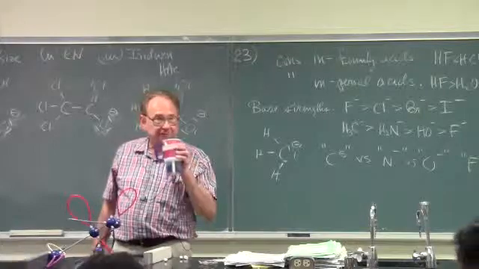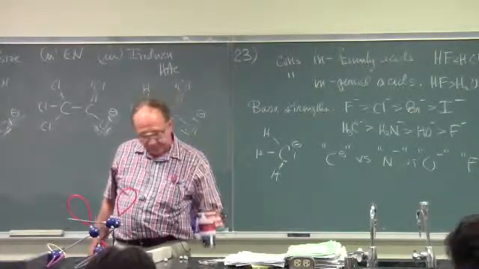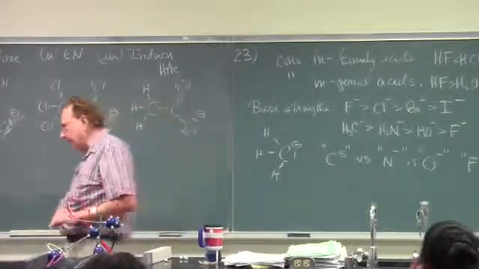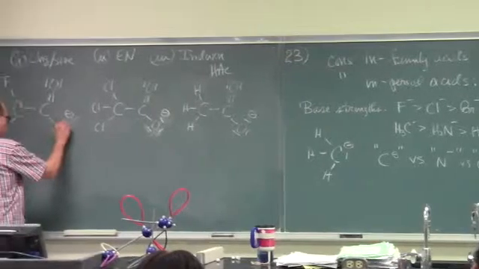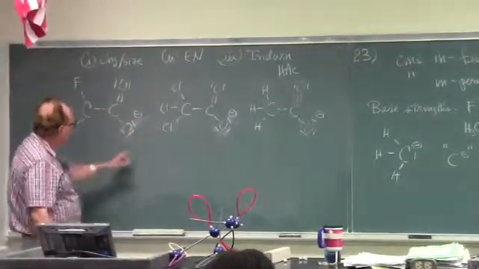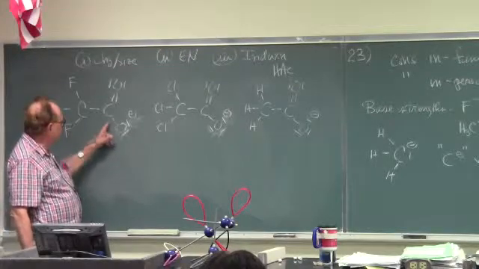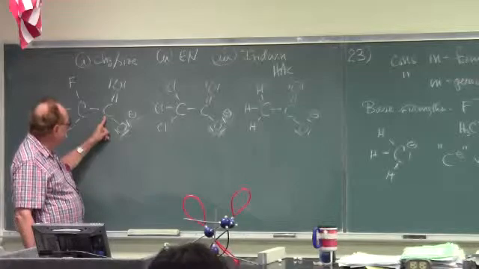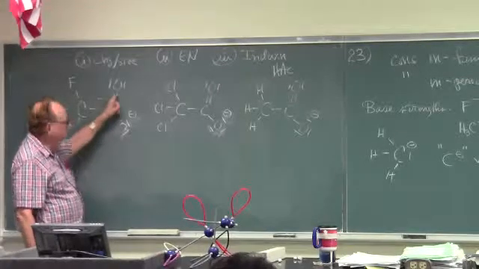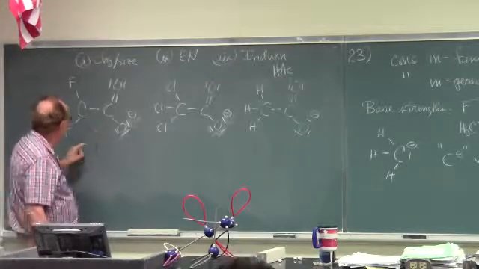Now look at these three bases we got on the board. In each case, we've got a minus charge on an oxygen atom, an oxygen atom which is covalently connected to carbon, which is doubly bonded to an oxygen and then singly bonded to another carbon. Okay?